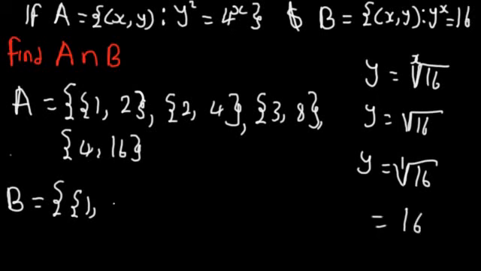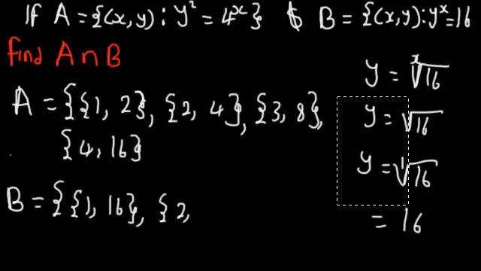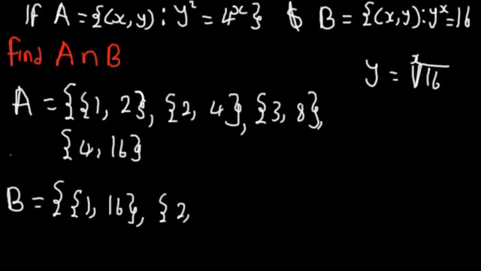So we have 1, 16 as the first subset. Now when x is 2, what will be the value of y? y will be equals to 2 root 16, and 2 root 16 is equal to 4. So we have 2, 4.